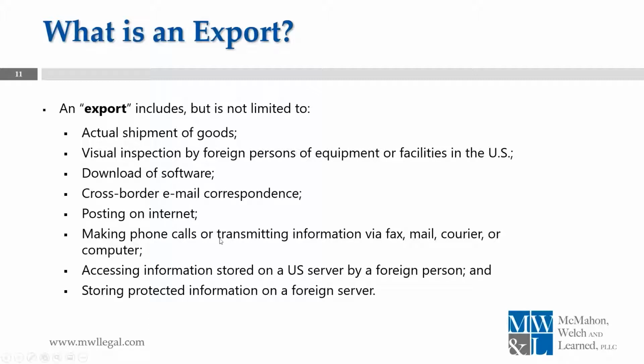And these are some other ones: the internet, phone calls, having a foreign person look at something on a US server, or for that matter, storing information on a foreign server. A lot of this access by foreigners is what Bill is going to talk about in the next section.